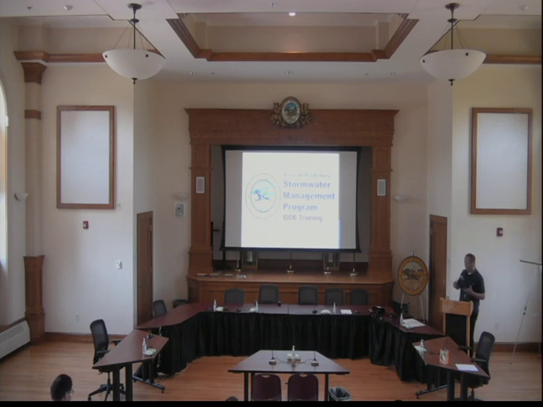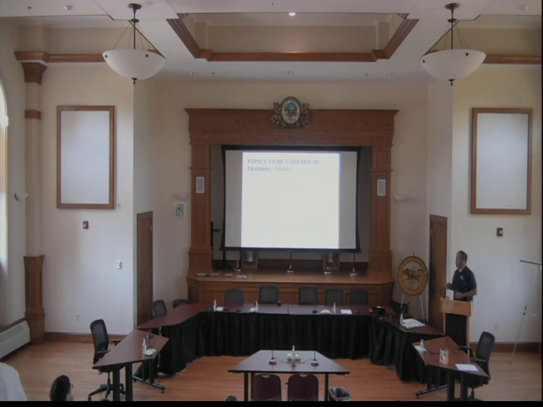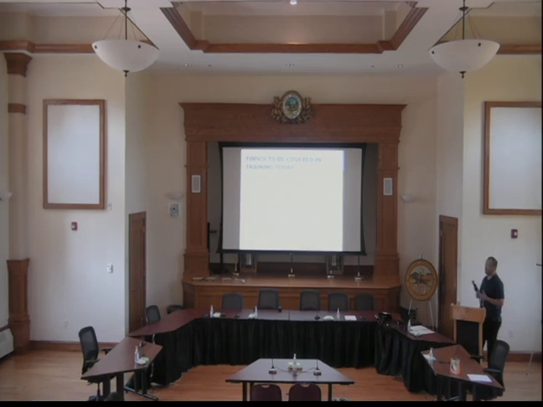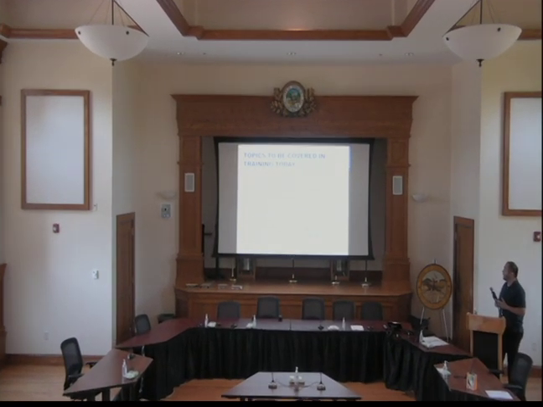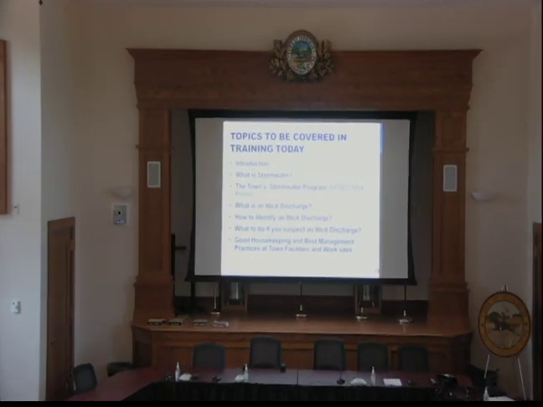So I'll just get into what we're going to be talking about in our training. Topics to be covered today: a little introduction, which I just went over. What is stormwater? That's what we want to stop pollution from getting into. The town's stormwater program, and we'll go over what NPDES is very briefly.